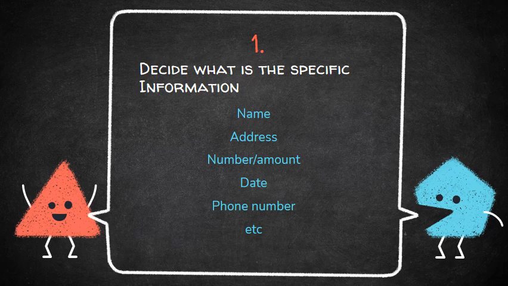Maybe you want to find someone's date of birth. Maybe you want to find the phone number of a person, etc. The color, the date, a selling product or anything.